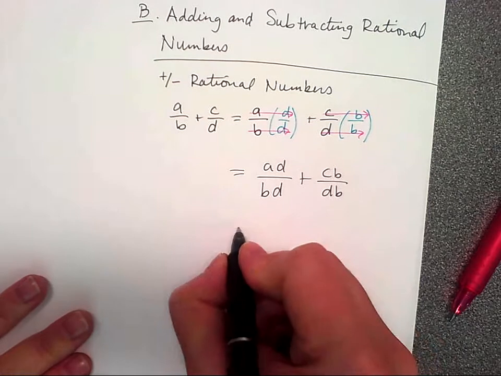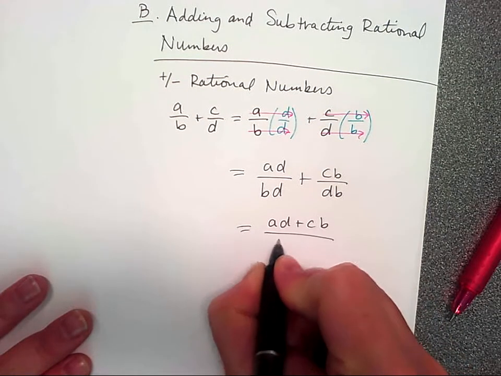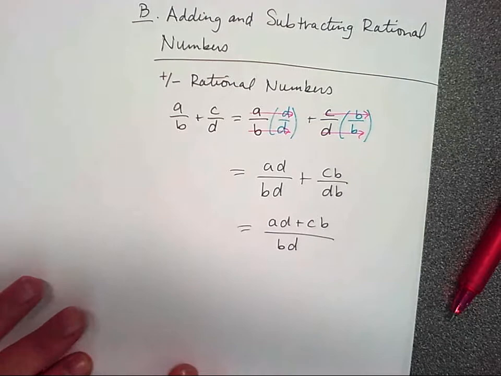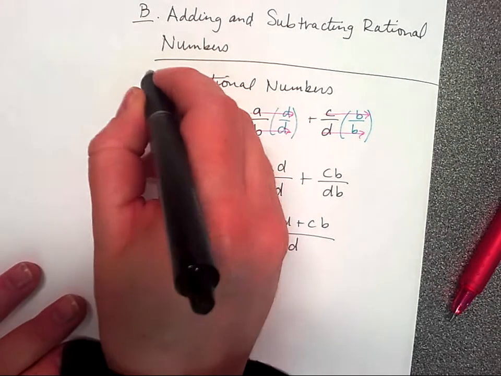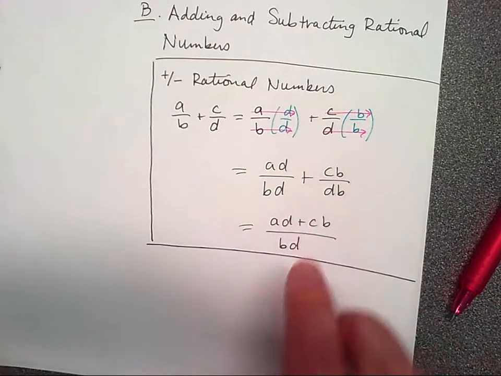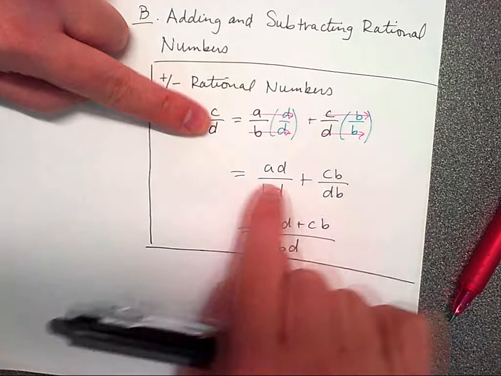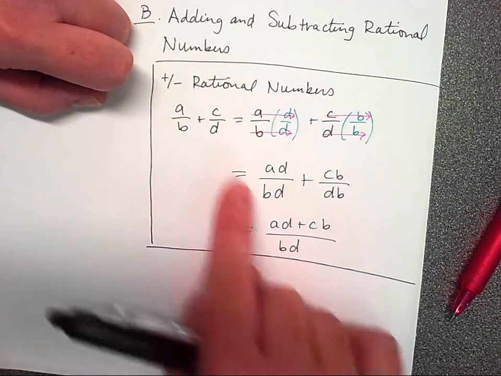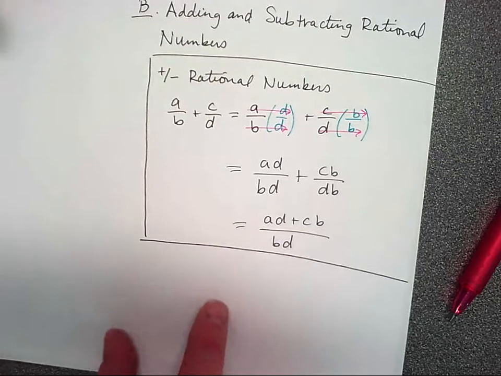Some people say no. So I add the numerators and I keep the denominator the same, right? I think in the book it just has these two, but this is the reason why, right? So AD plus CB over BD equals this, but this is all the rationale for it.